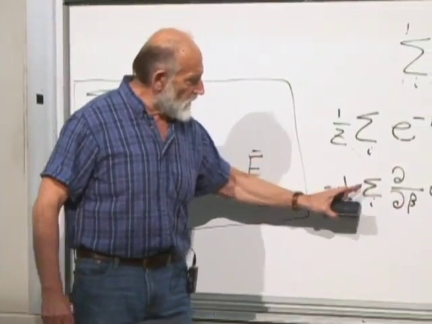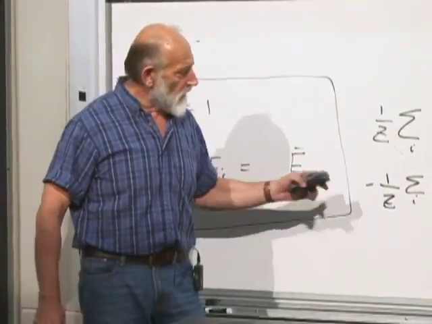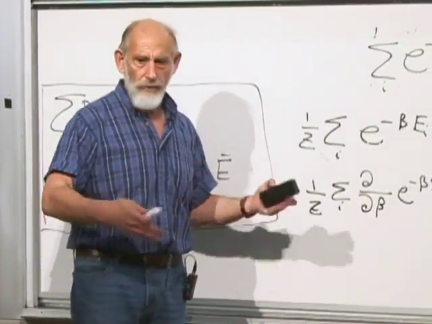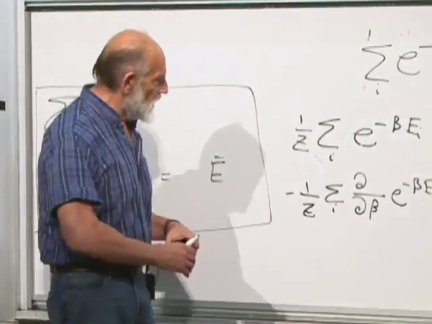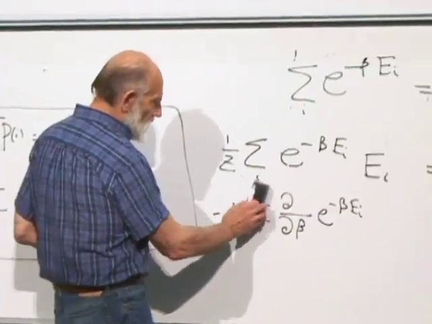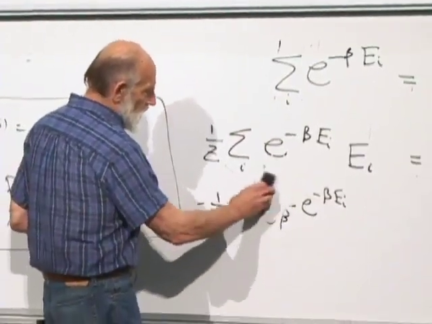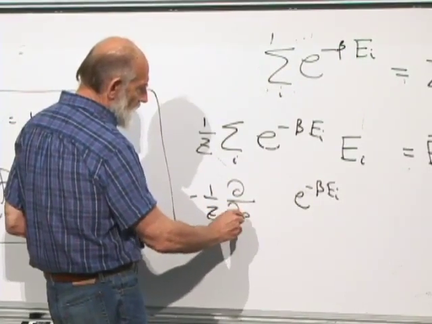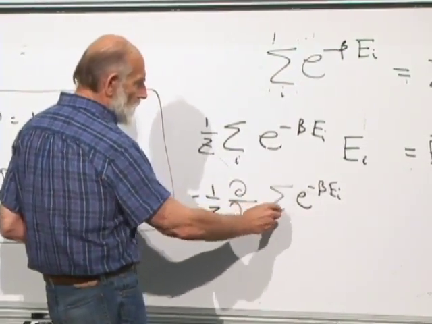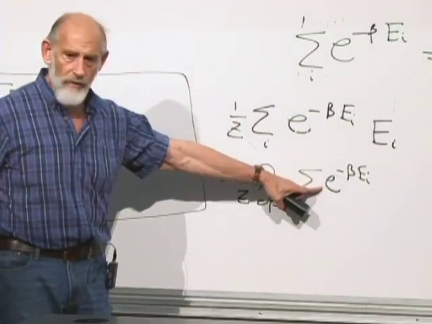Now, the derivative can be taken outside the sum. The sum of derivatives is the derivative of the sum. Right? So the derivative can be taken out on the outside. It becomes d by d beta of the sum. And what is this?